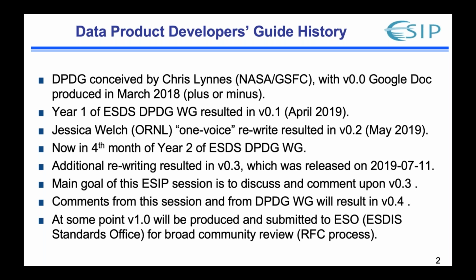And then in April 2018, there were these Earth Science Data Systems working groups, which are overseen by Estes, and the Data Product Developers Guide working group was formed in April 2019, and we spent a full year on that, taking Chris's Google Doc, and we produced a version 0.1 in April 2019, which had a lot of contributors, and the editors were Rama, myself, and Siri Yoda.